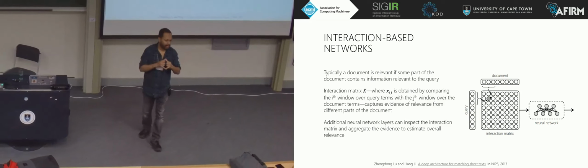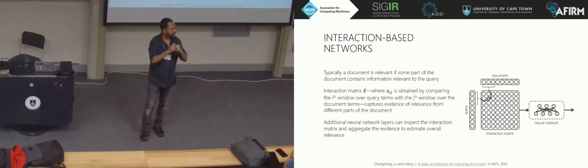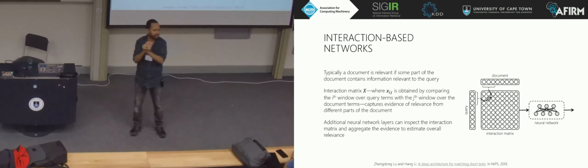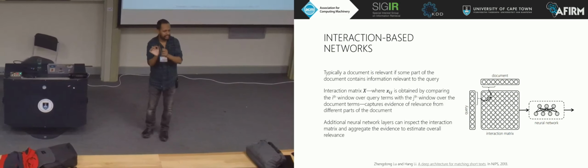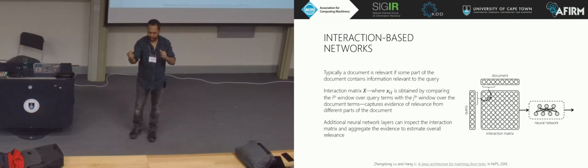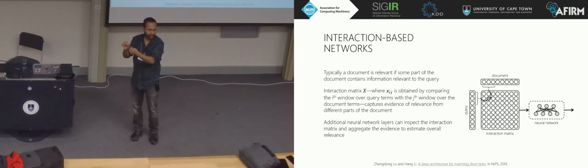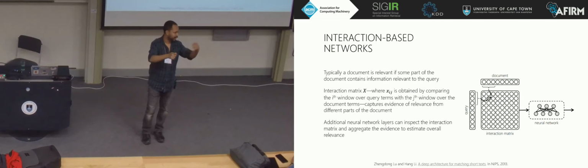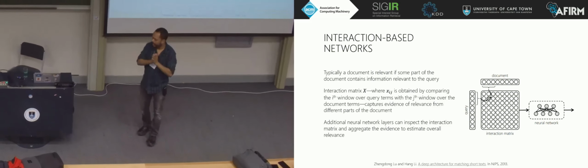You could do an element-wise product. If these 2 vectors were both of length 10, then you end up with a vector of length 10, where the output value at position I is the product of the input value at position I of the query word and the document word. You're just doing a product of those 2 things.